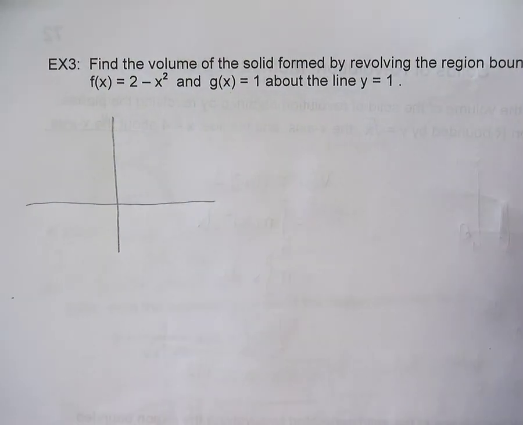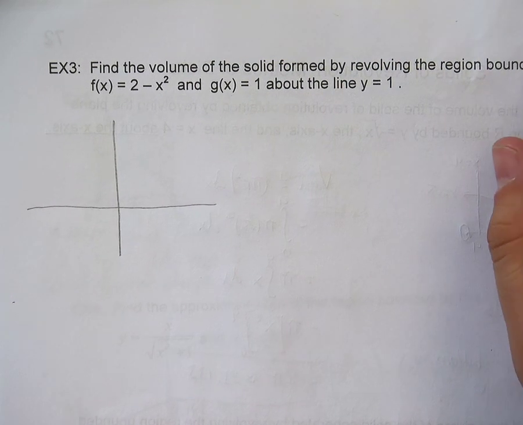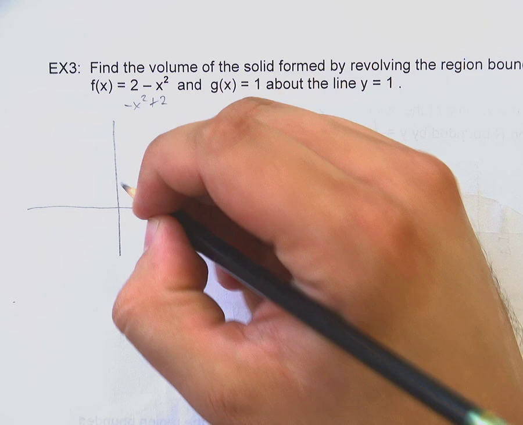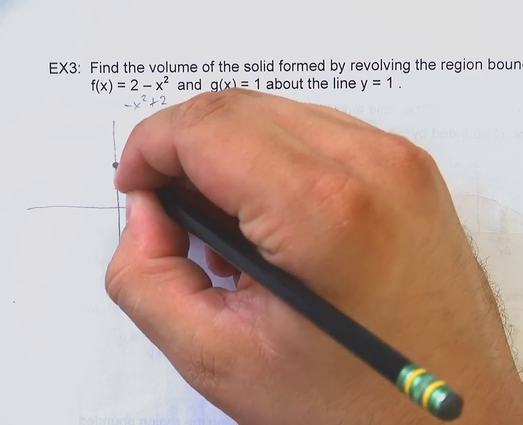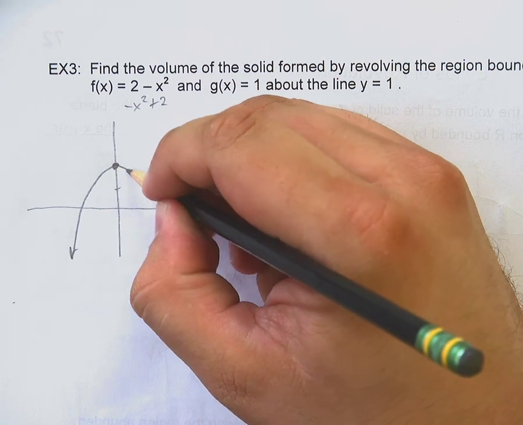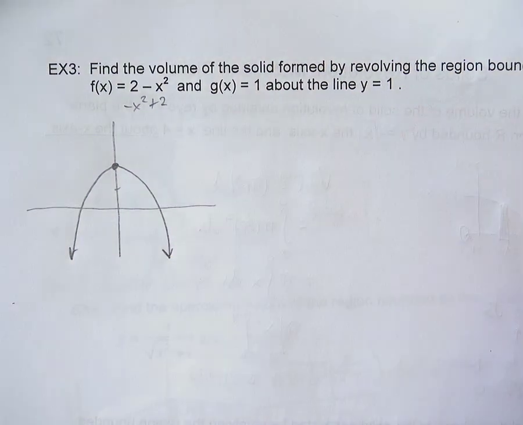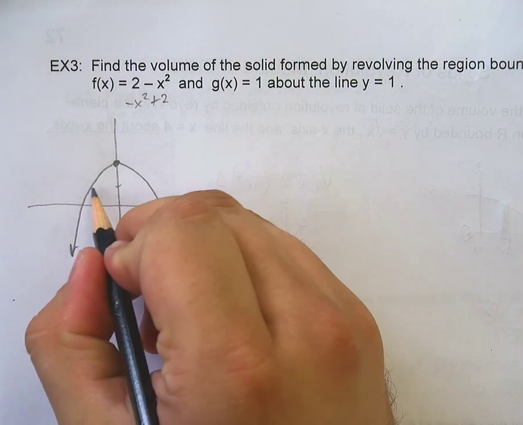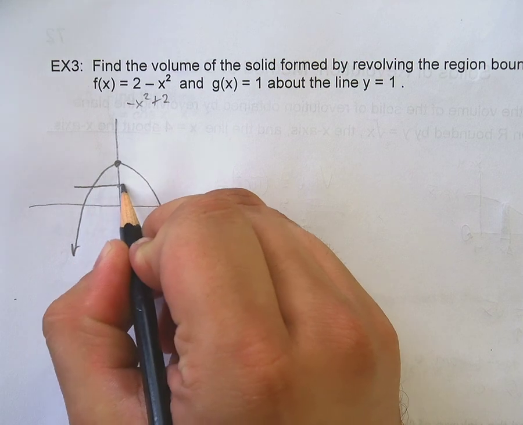So I've got 2 minus x squared, which is negative x squared plus 2. So it's up 2, and it's opening down like a parabola. And the line g of x equals 1, so here's the other line I'm doing.